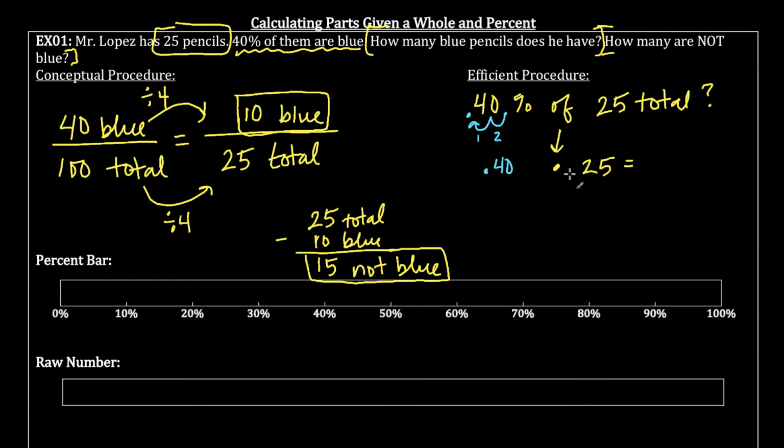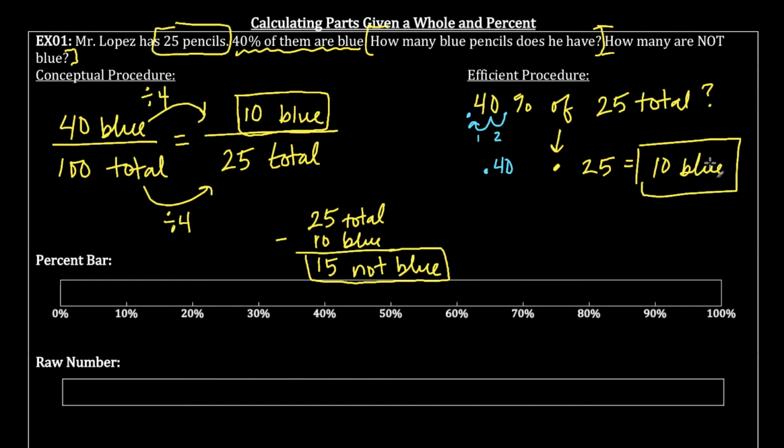And if you were to multiply those out, you can use a calculator. I don't care. Just make sure to write this so I know you understand what operation to use and how to do it. So 40% of 25, we converted the 40% to a decimal, and then we made it into multiplication times 25. And if you do that, lo and behold, you will get 10 blue pencils.